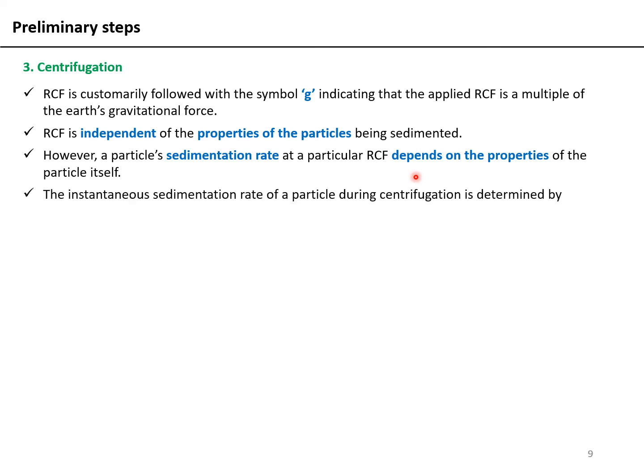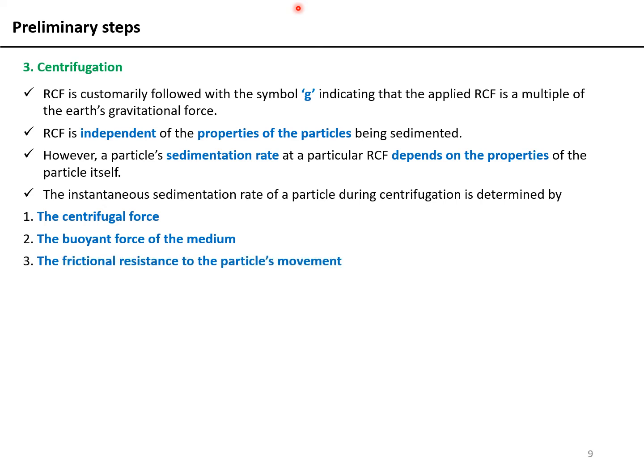The instantaneous sedimentation rate of a particle, that is at any point of time, during centrifugation is determined by number 1, the centrifugal force, number 2, the buoyant force of the medium, that is the force exerted on it by the solution in which the particles are suspended, and number 3, the frictional resistance to the particle's movement.